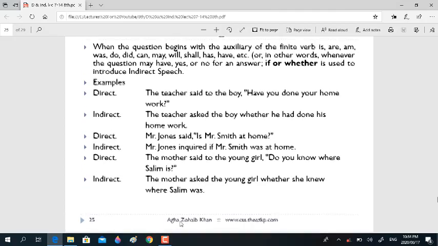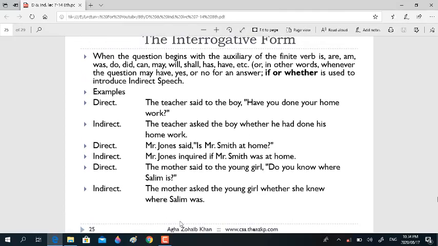Now listen to some sentences and you have to change them into indirect, right? The first sentence: the stranger said to me, where were you going?